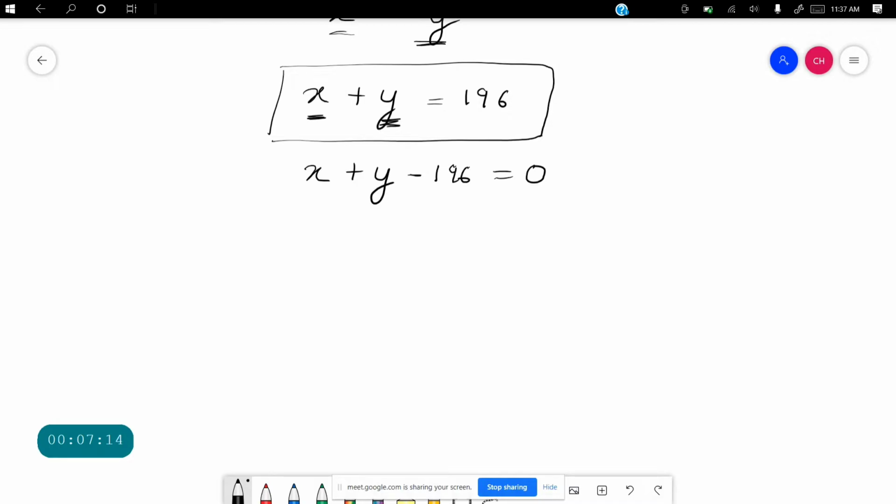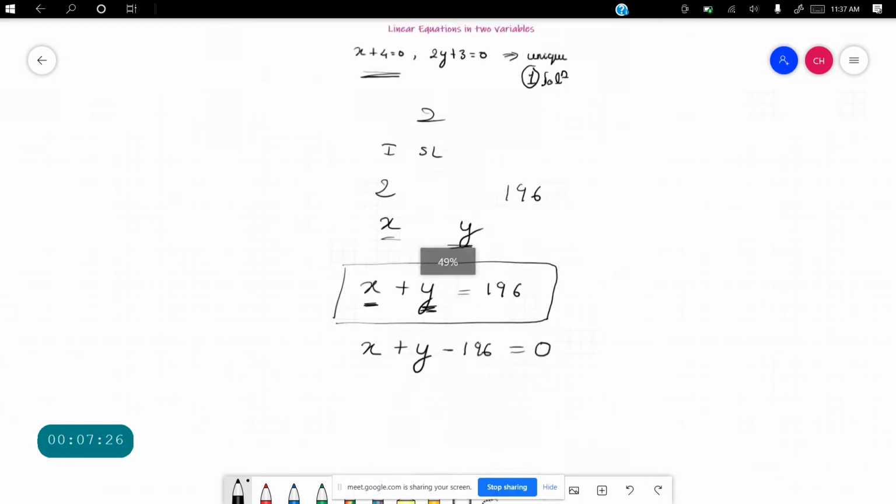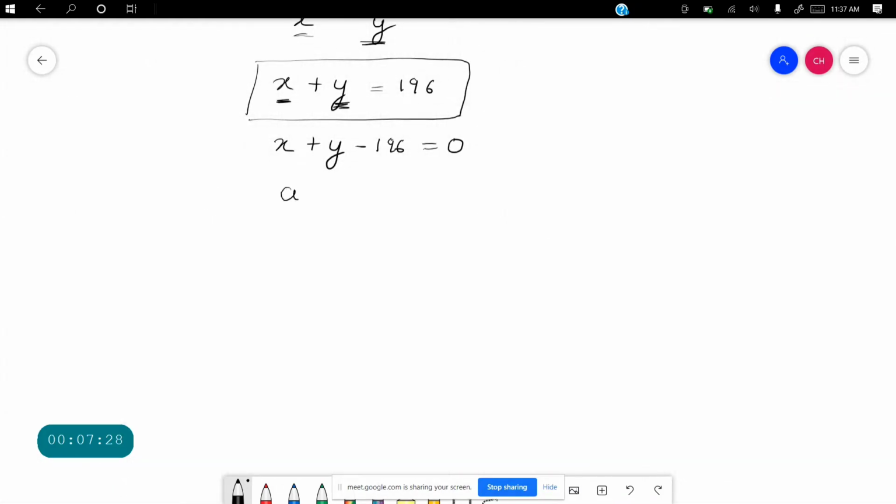Can you observe in which form the equation is presented here? I will write the general form here. Can you see the similarity in that? Just check it out, okay? ax plus by plus c equals 0.